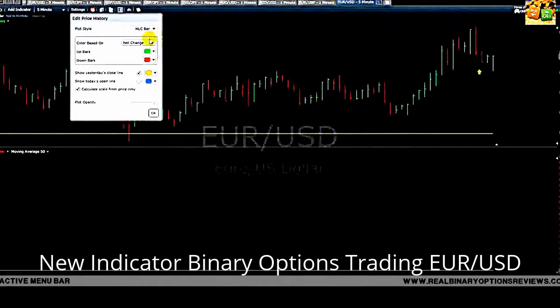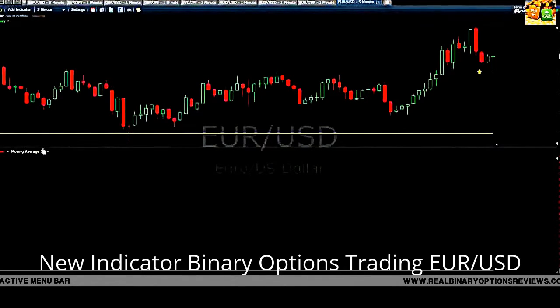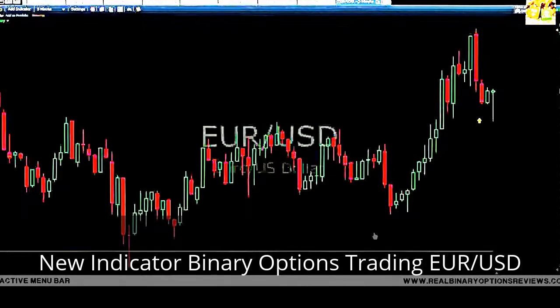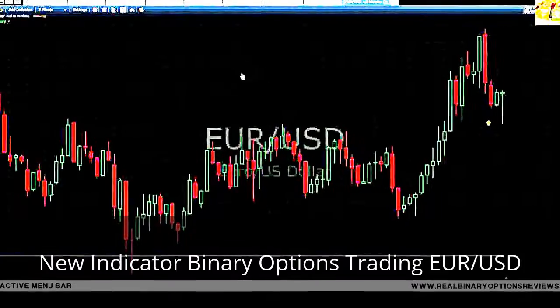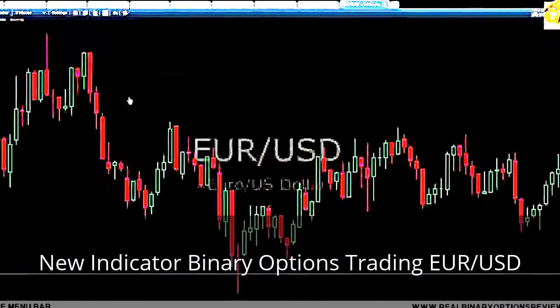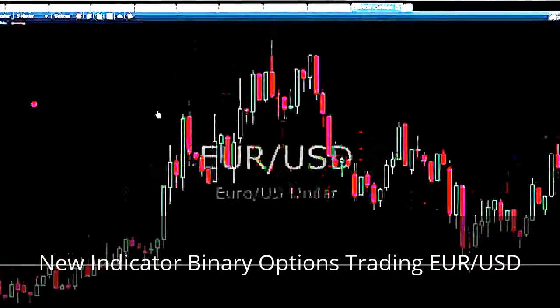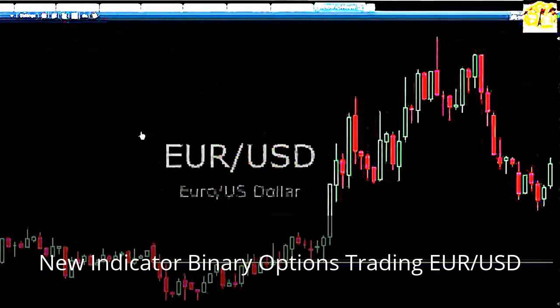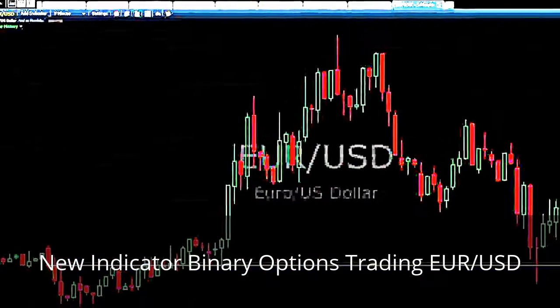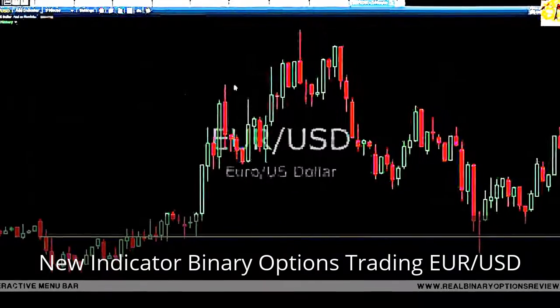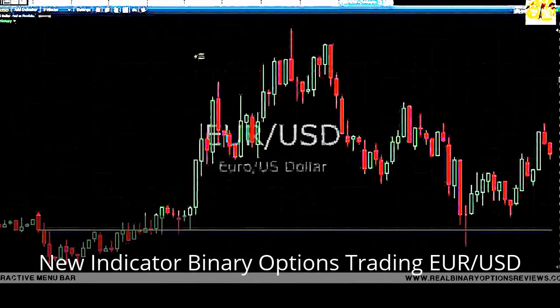I want to have it like candlesticks. And I'm going to close this window. I just want to show you the use of the Fibonacci tool on a simple empty chart without any other indicators. Now when you click here, you will get the Fibonacci retracement tool.